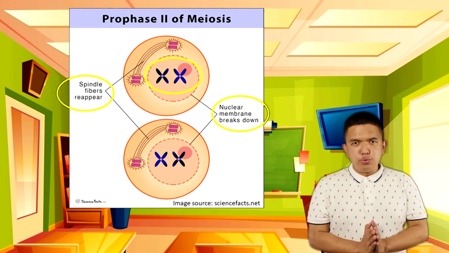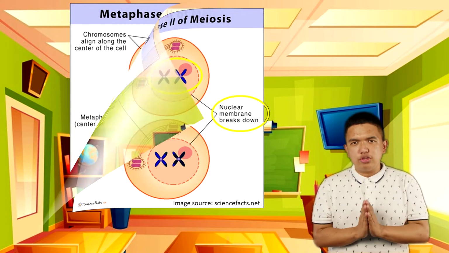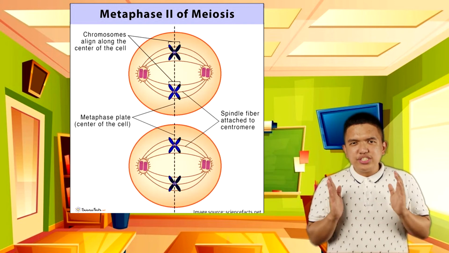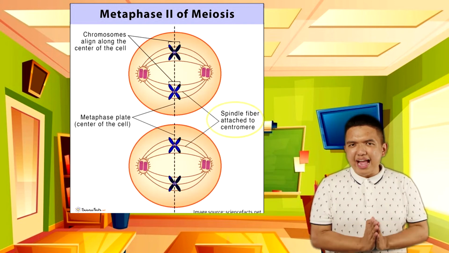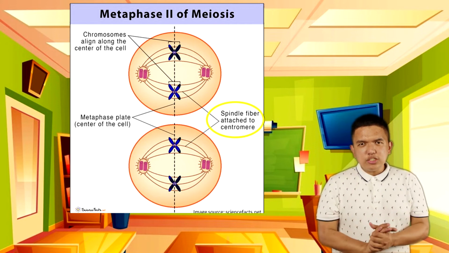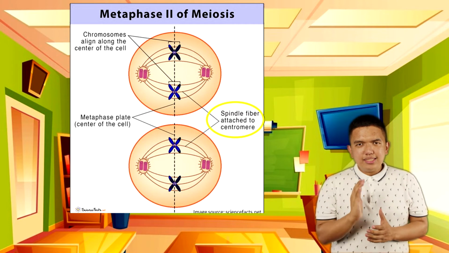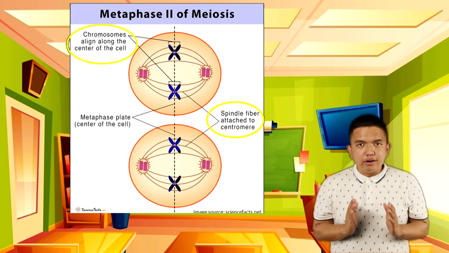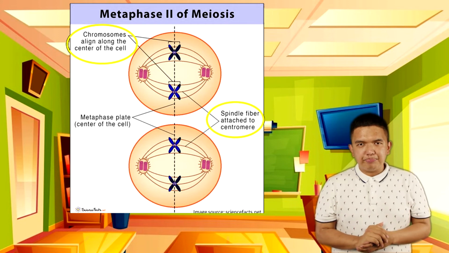After prophase II, it will now move on to metaphase II. During this stage, each daughter cell is now attached to the fully formed spindle. In contrast with metaphase I, single chromosomes instead of homologous pairs are arranged on the metaphase plate.